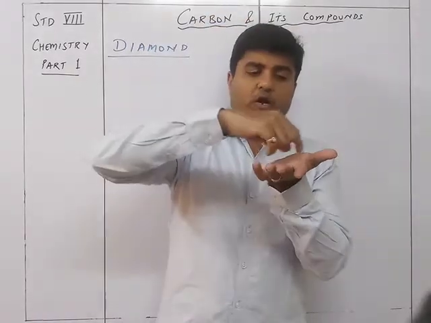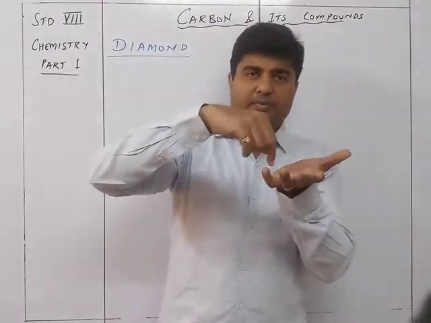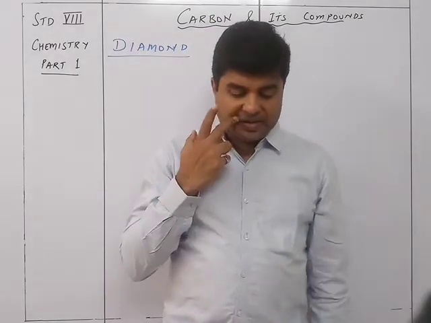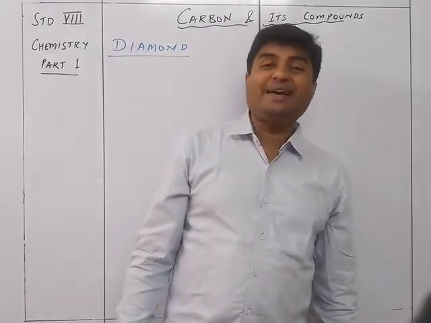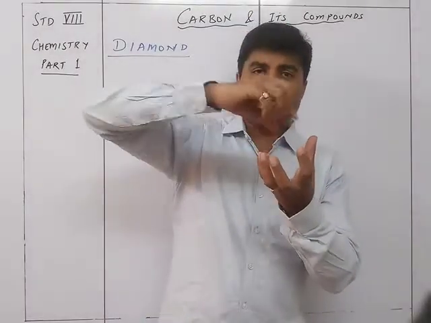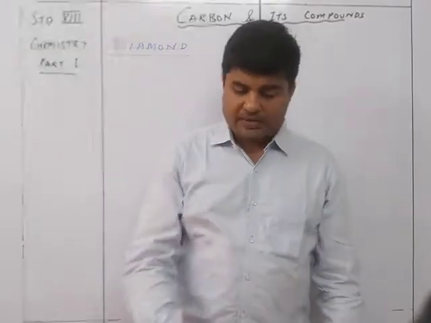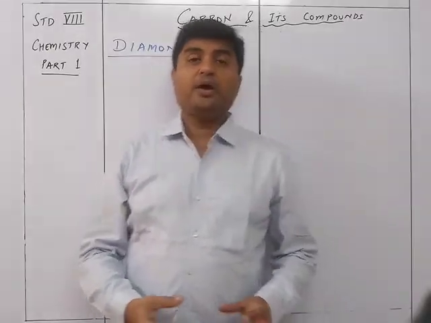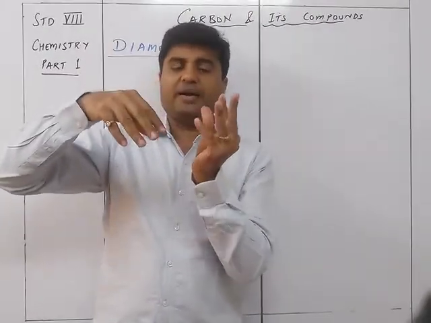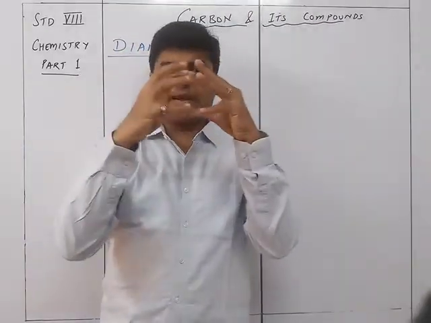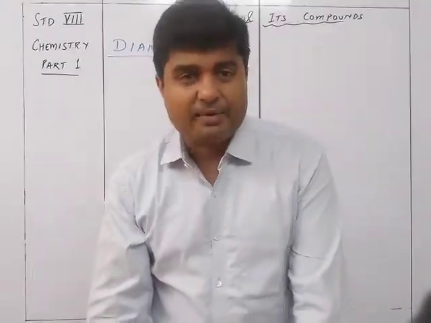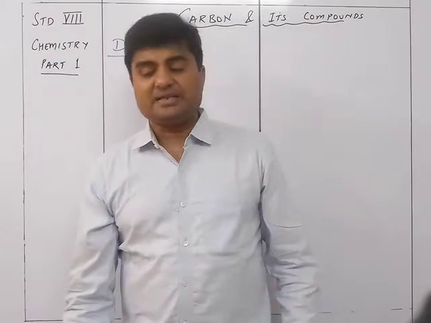Octahedral means an 8-sided figure, with triangles forming a pyramid sort of thing. Or it could be two 4-sided figures, one on the other, forming a diamond shape. So accordingly, it will be a 3-dimensional octahedral 8-sided crystal.